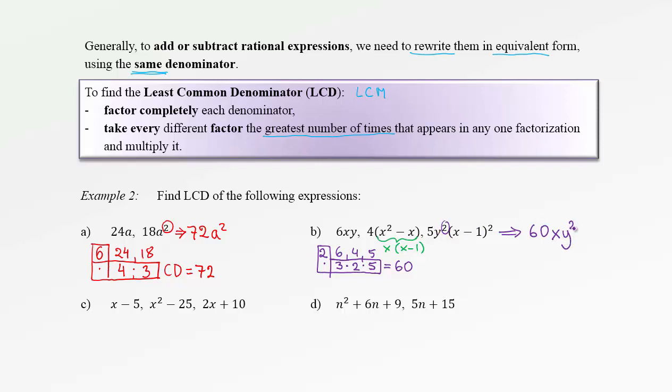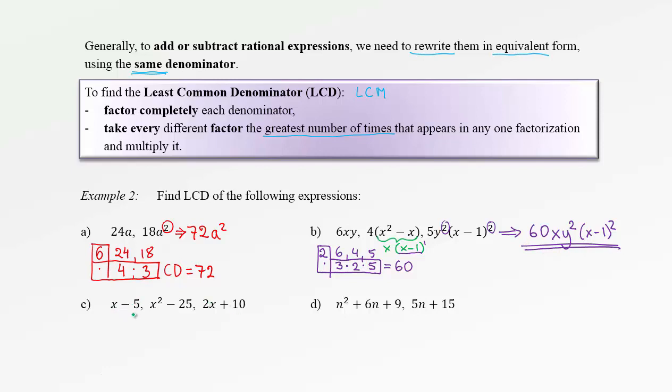That means y squared. Finally, another factor that is different than previous factors is x minus 1, the bracket. The bracket appears once here, but twice over there. There's exponent 2. So take the highest power of occurrence of a particular factor. So it's 2. That's our LCD.